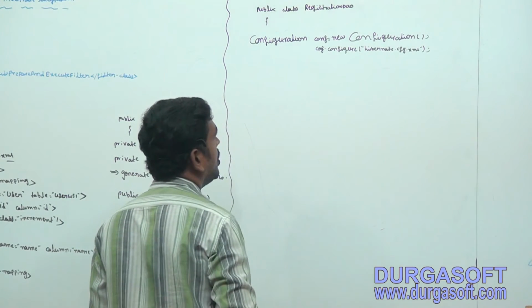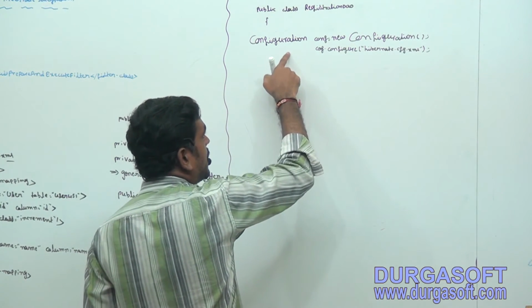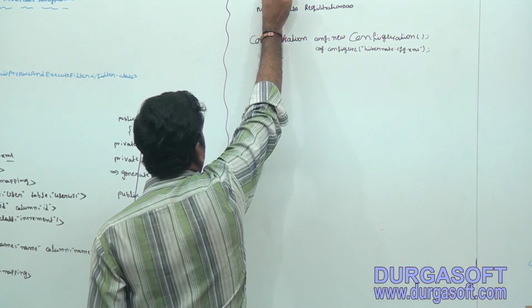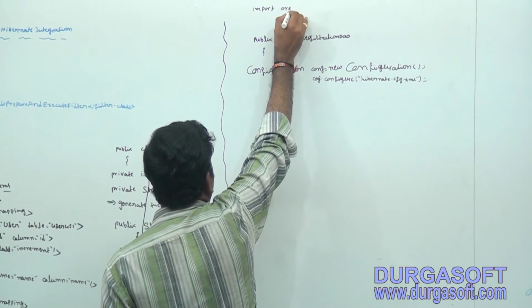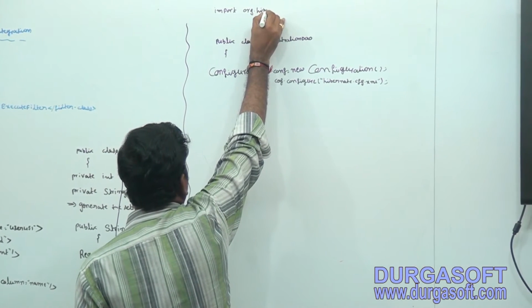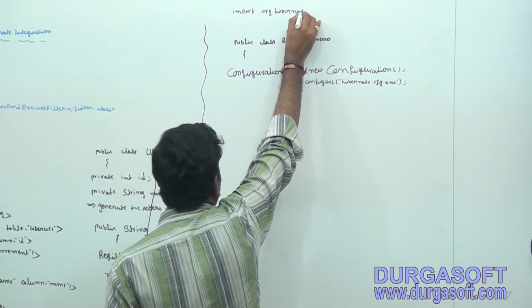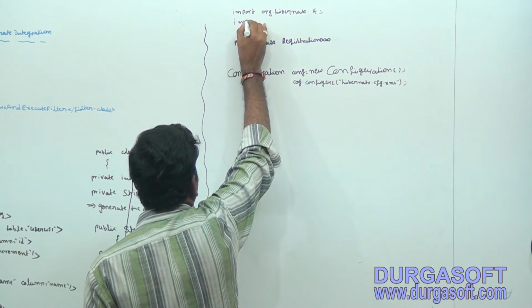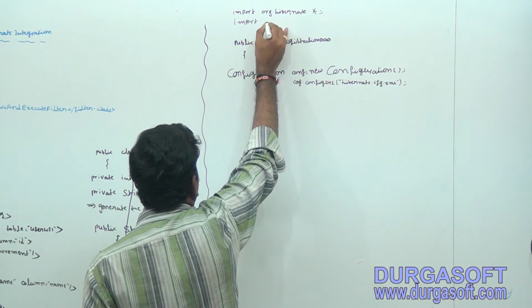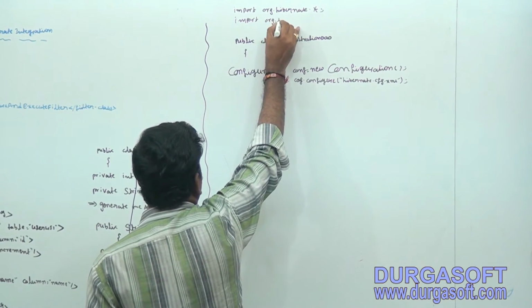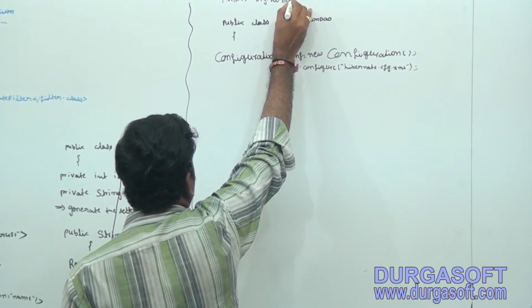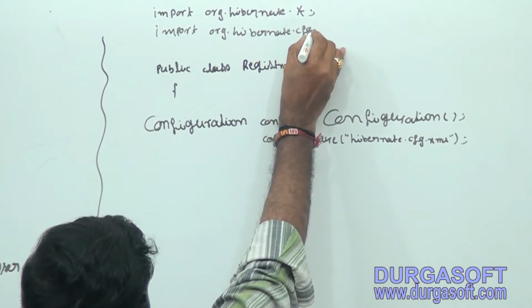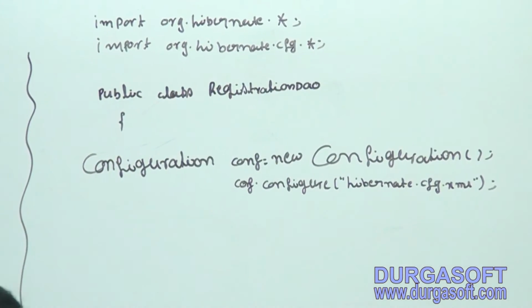The next, because of this configuration, we can import what? Import org.hibernate.* package. The next, import org.hibernate.cfg.* package.